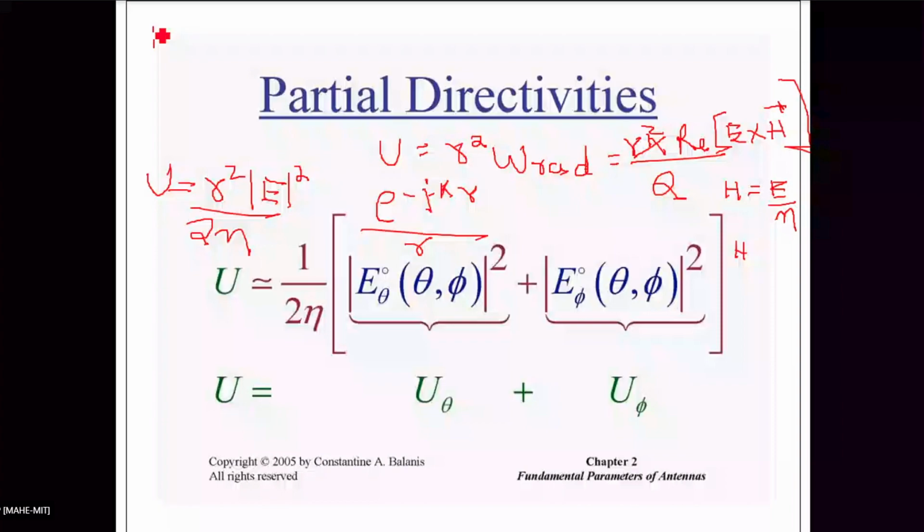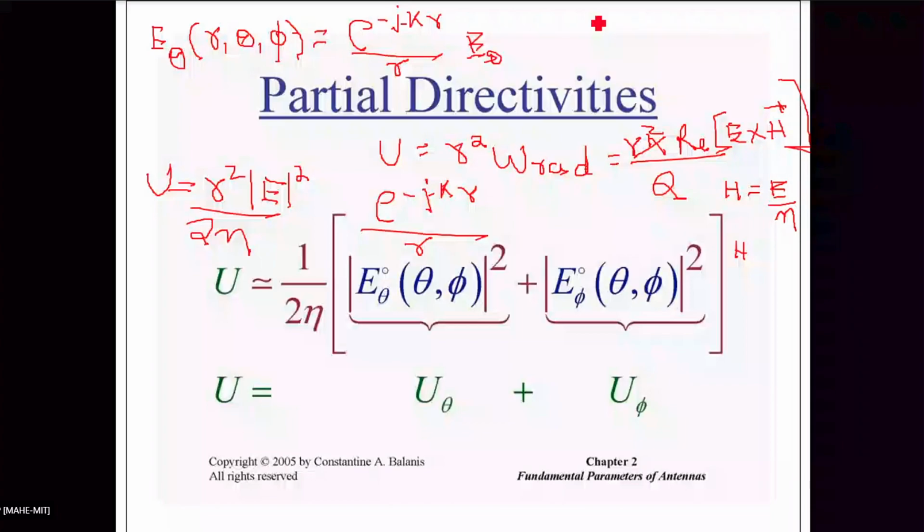E theta of r, theta and phi is equal to e raised to the power of minus jkr by r into E theta naught of theta phi.